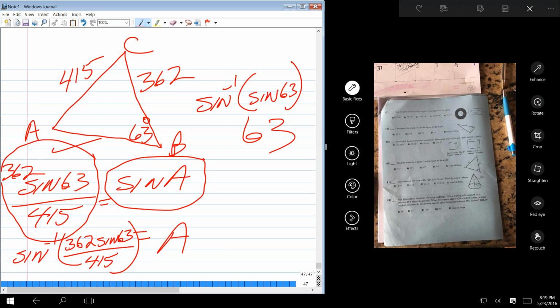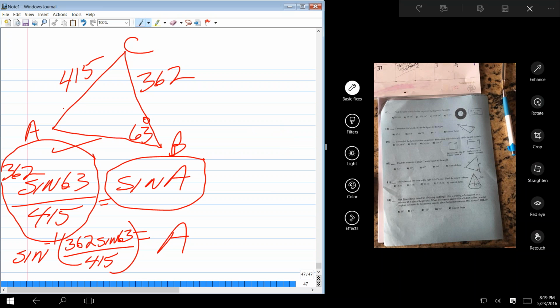But having all these other numbers attached to it matters, because I'm not really taking the inverse sine of the sine of 63. I'm taking the inverse sine of this fraction times the sine of 63. So, in other words, you would need to put that whole thing in your calculator. And that's going to give us angle A.